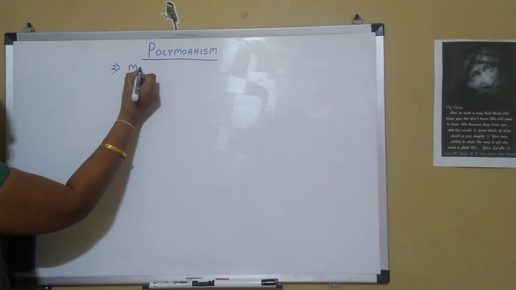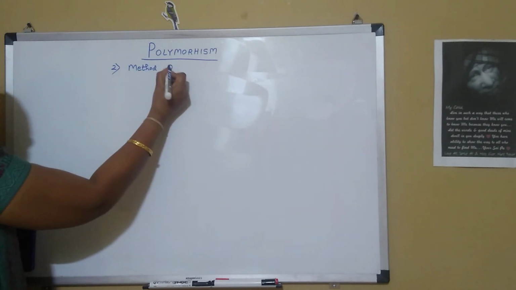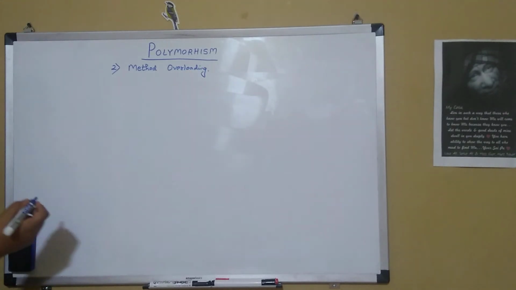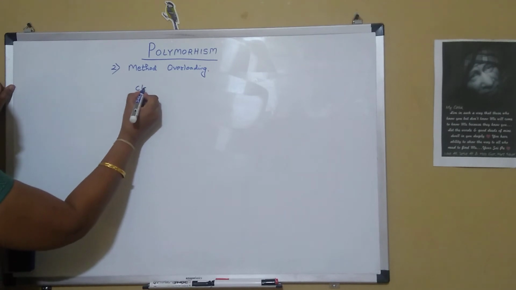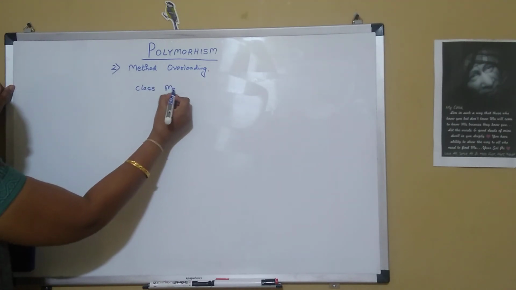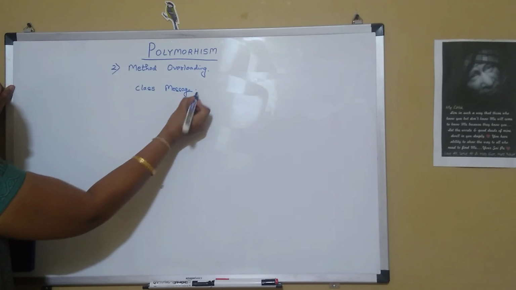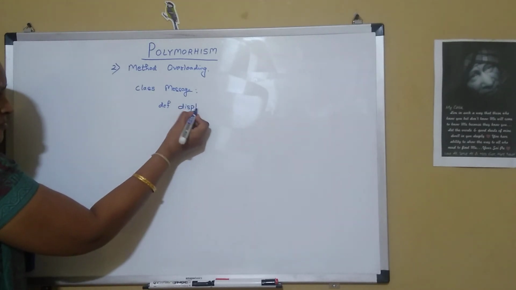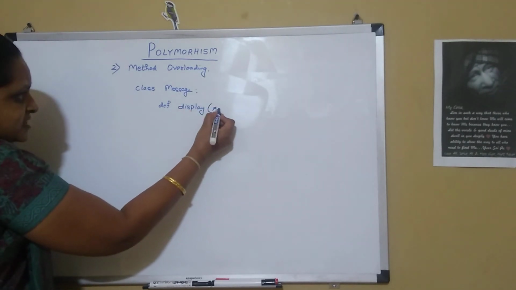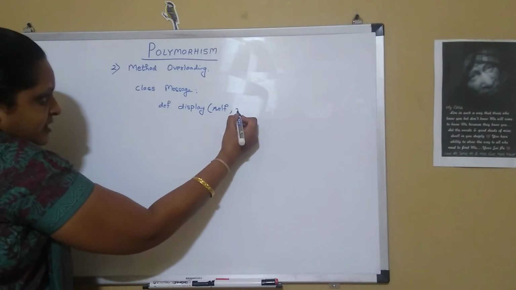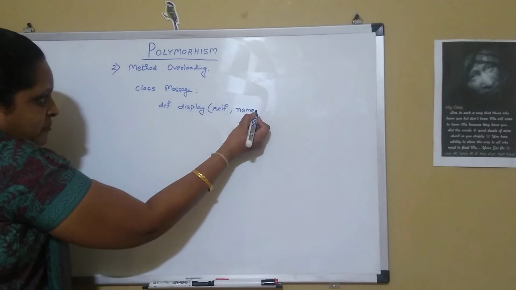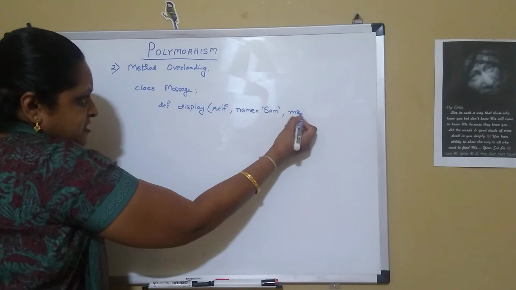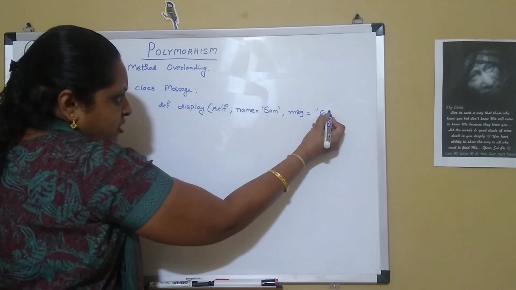The second point is method overloading. So for this, let us consider a class called message. And let me have a method in it called display, which takes self as the first parameter, and name equal to Sam, comma, message equal to good morning.